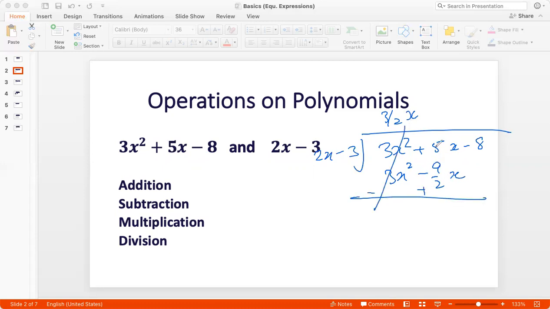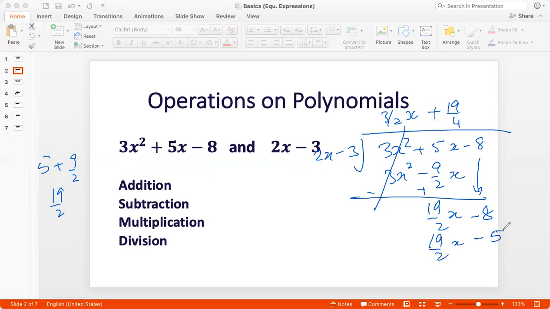So this cancels out, and 5 plus 9 by 2 becomes 19 by 2. So I get 19 by 2x, and this minus 8 stays as it is. Now to get 19 by 2x, I would have to add 19 by 4 here, right? Because then that, when multiplied by 2x, will give 19 by 2x. And then I'll also have minus 57 by 4, because 3 into 19 by 4.